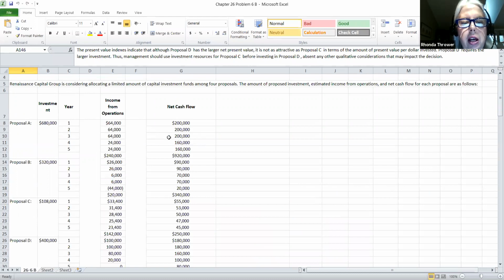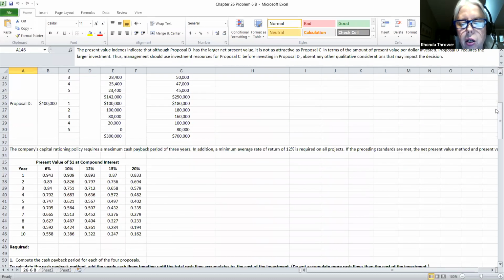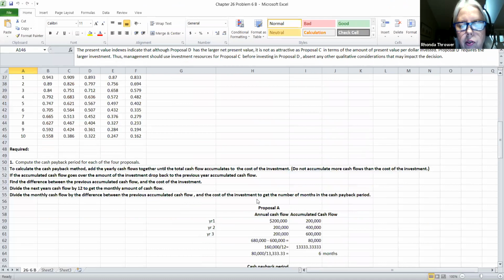And the next year's cash flow, it just so happened to be $200,000. So the cash flow in year 3 was $200,000. So I put down the cash flow of year 3 as $200,000.